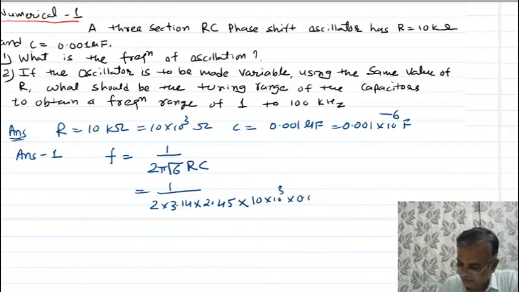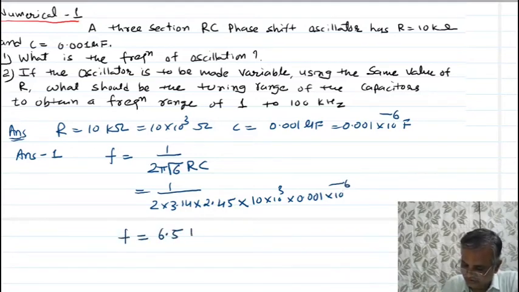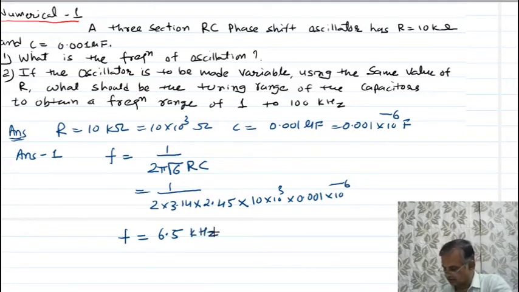C is nothing but 0.001 into 10 raised to minus 6. You only have to put in the values. So if you calculate, you will get 6.5 kilohertz. This is what I got from the calculation. So you can get 6.5 kilohertz. Second question I have to do.